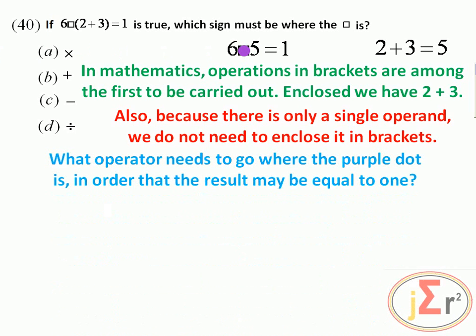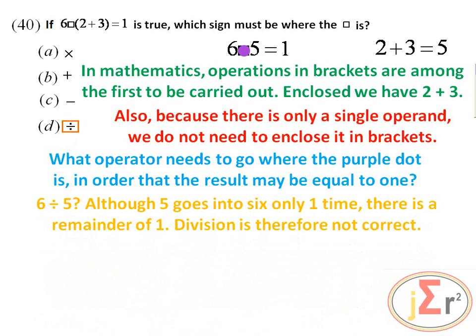Which operator needs to go where the purple dot is in order that the result may be equal to 1? Divide? No. We should not divide. Although 5 goes into 6 only one time, there is a remainder of 1. Division is therefore not correct. What about multiplication?